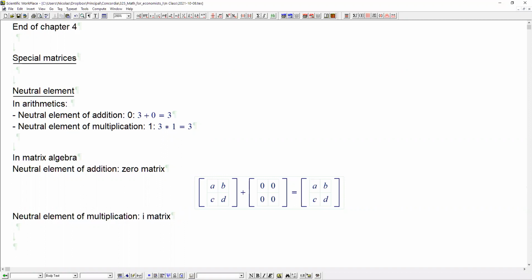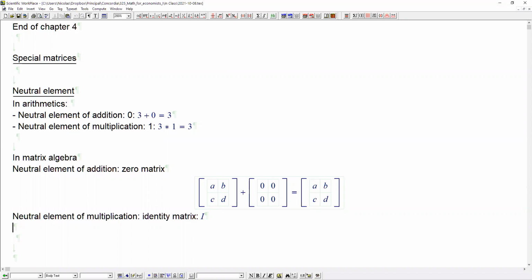Yes, the identity matrix, which we note I, and which is a matrix that has, well, it's a diagonal matrix with only ones on the diagonal and 0 everywhere else. So let me show you an example.